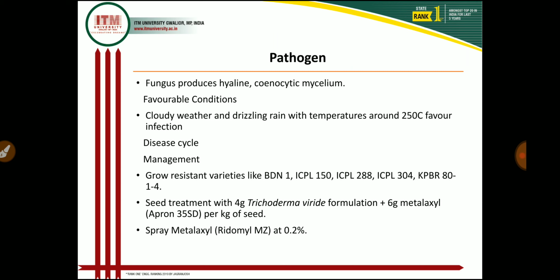Pigeon pea is usually not infected after it attains 60 days of age. So mostly the disease produces symptoms in young plants and seedlings up to 60 days after sowing.